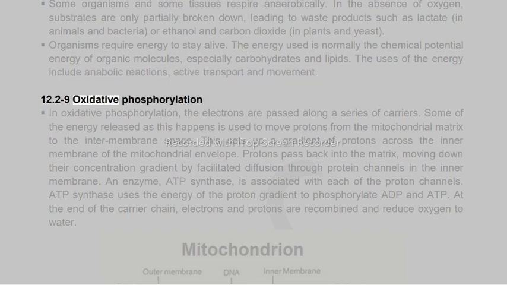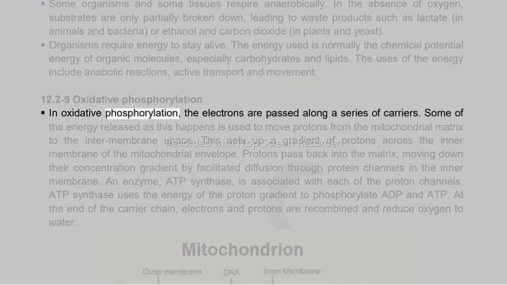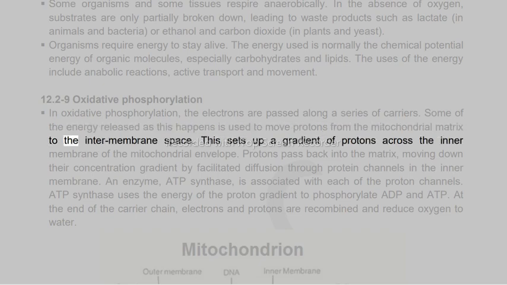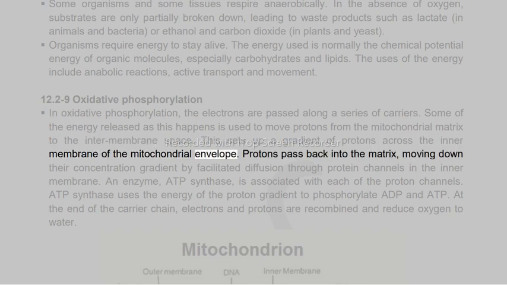12.2.9 Oxidative phosphorylation. In oxidative phosphorylation, electrons are passed along a series of carriers. Some of the energy released as this happens is used to move protons from the mitochondrial matrix to the intermembrane space. This sets up a gradient of protons across the inner membrane of the mitochondrial envelope.